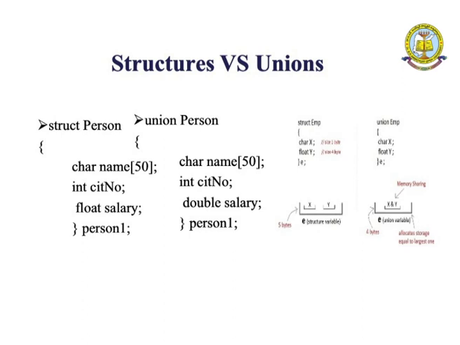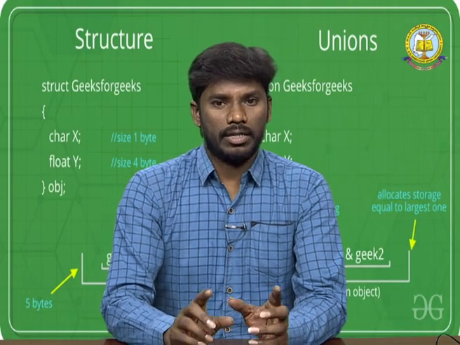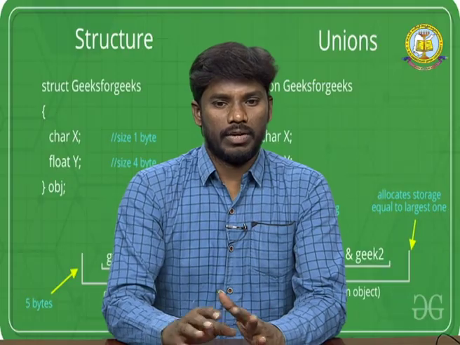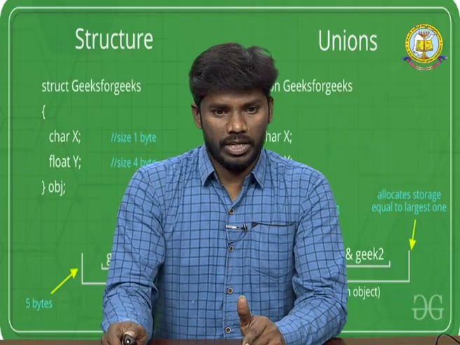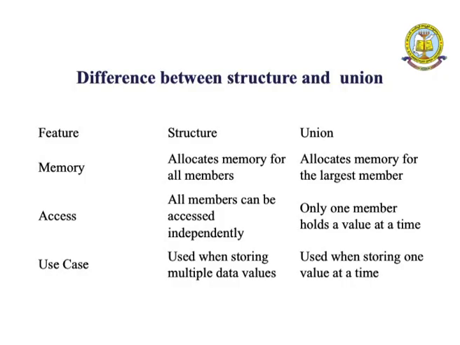Here it occupies only 8 bytes. Whatever the largest data type is, that size of memory will be occupied whenever you use the union. But a structure occupies all the data members together, so the total size will be used. In the union, it takes only the maximum data type. So, these are the differences between structure and union.